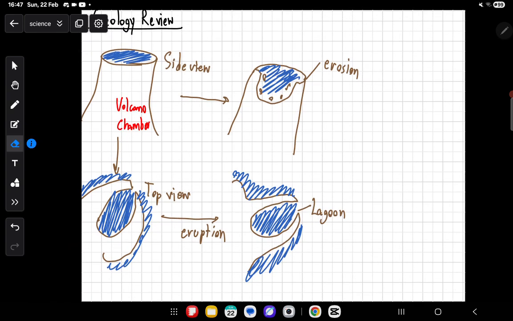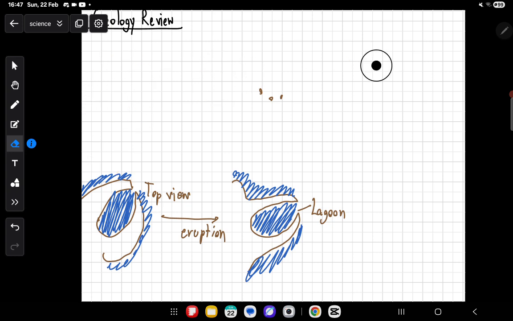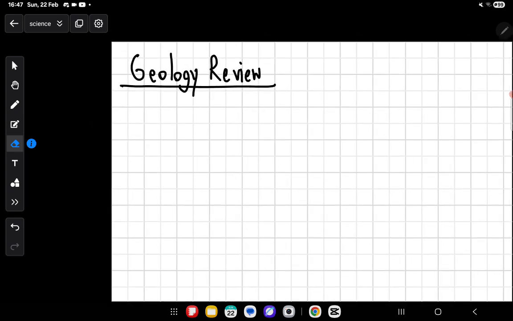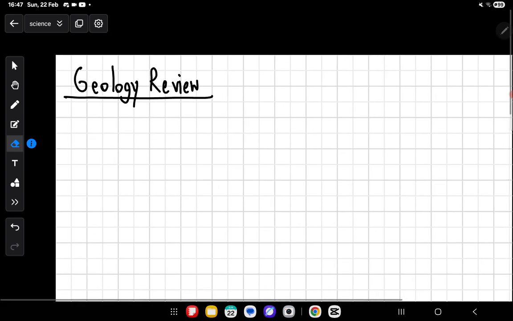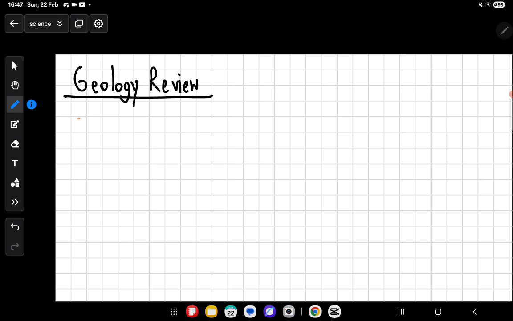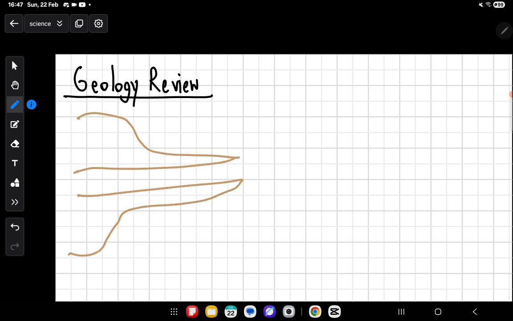Okay. Now, we're gonna have a bit of a deeper dive on coastal erosion. So let me draw out a thing. You can see here, this is the slope. Let me write it in a clearer color.